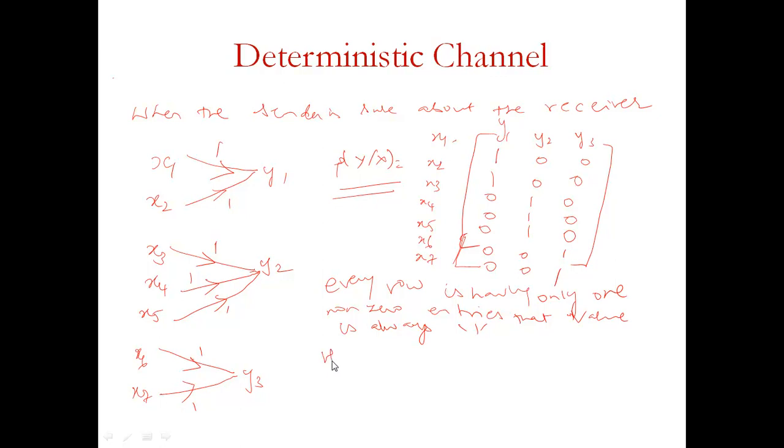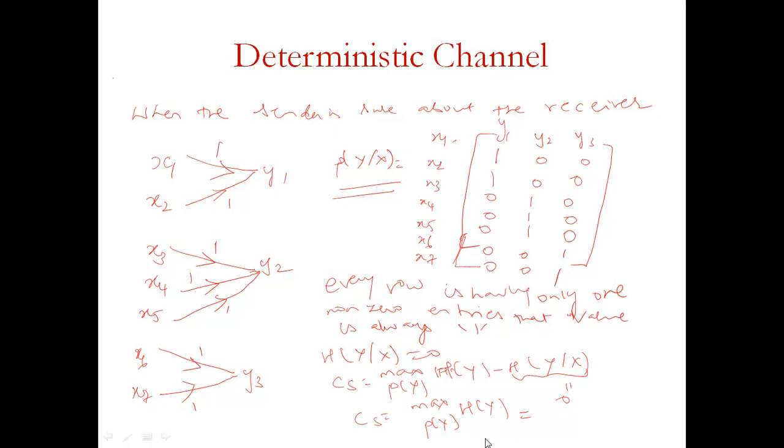Therefore, calculating the channel capacity CS, we take the second formula: maximum over P of y of H of y minus H of y given x. As H of y given x is 0, we can directly say CS equals maximum of H of y.